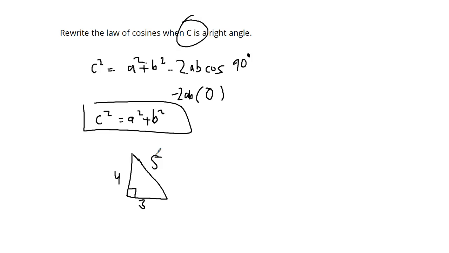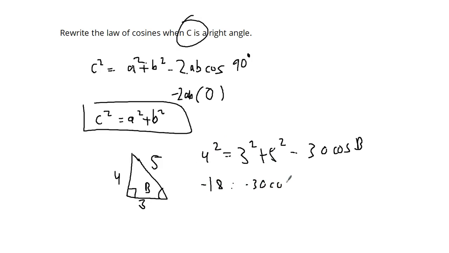And if I use the cosine rule on this one, I could figure out, right? So 4 squared equals 3 squared plus 5 squared minus 2 times 3 times 5, and then we have cosine of b, and then we would have 16. This is 9, this is 25, so that's 34. Subtract it over, you have minus 18 equal minus 30 cosine b.